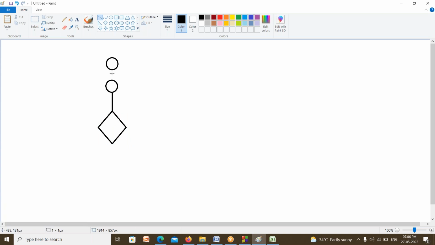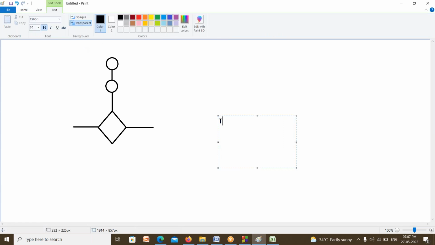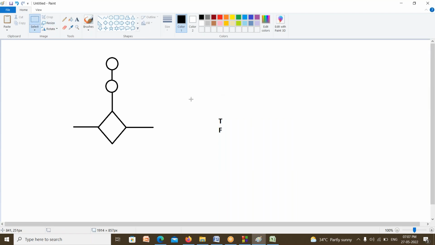Whenever you test a condition, the condition may be true or false. If the condition is true, control moves to this side. If the condition is false, control moves to this side.